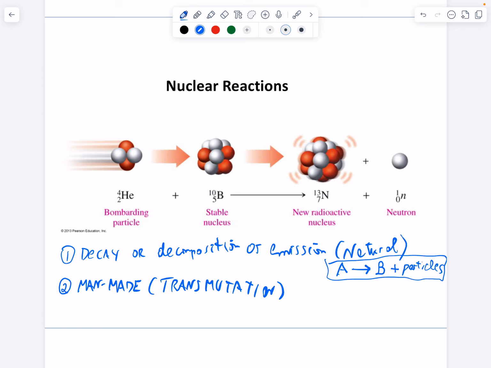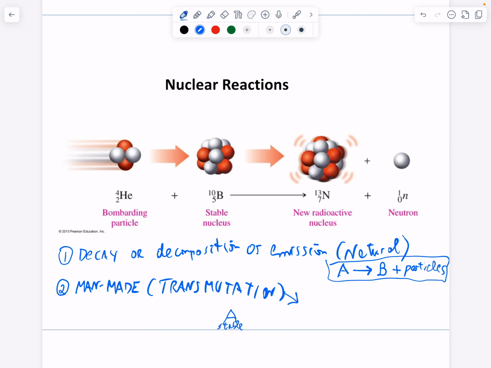Now a transmutation is when we are going to force an element that is stable to become something else. For example, this element here, A, is very stable. And we are going to bombard, or attack, that element with one of those particles that we saw to produce something else plus more particles.